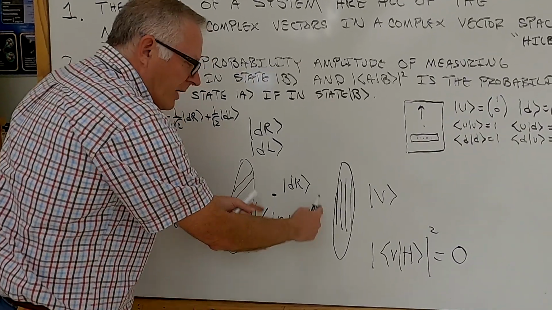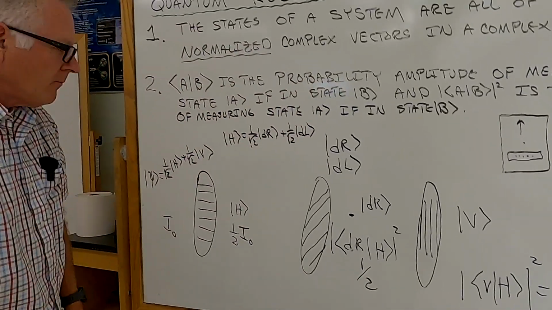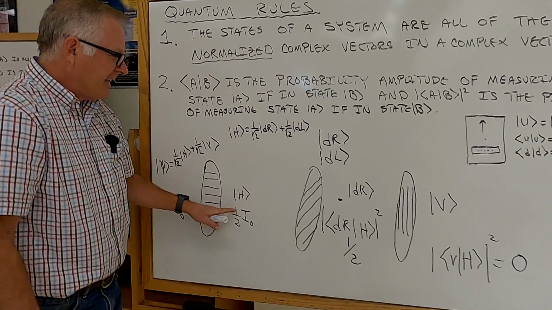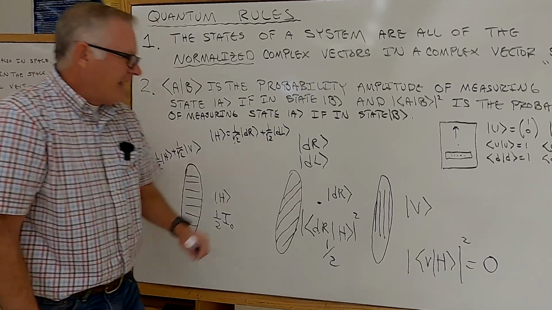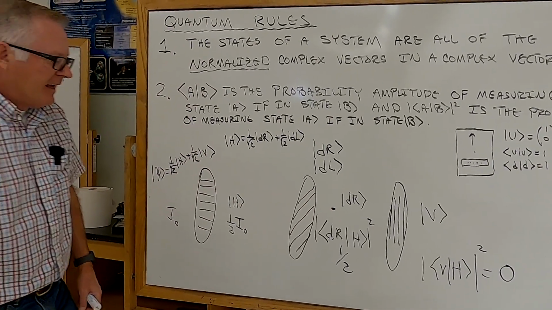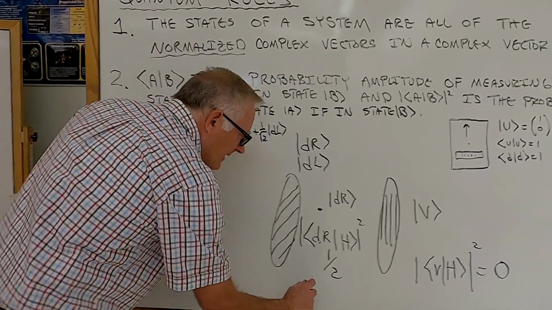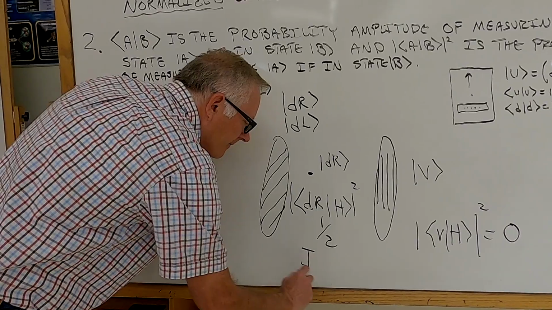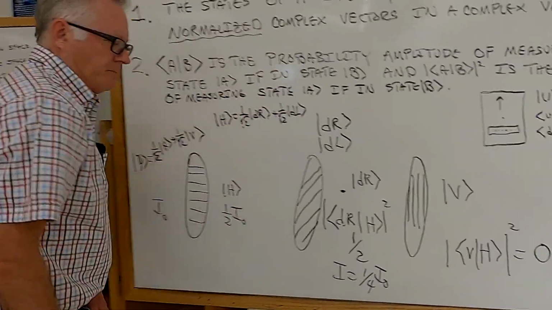Then we square it, which gives me a half. Since my intensity was already 1/2 I naught, and it cuts it by another half going through that, the intensity here would be 1/4 I naught.